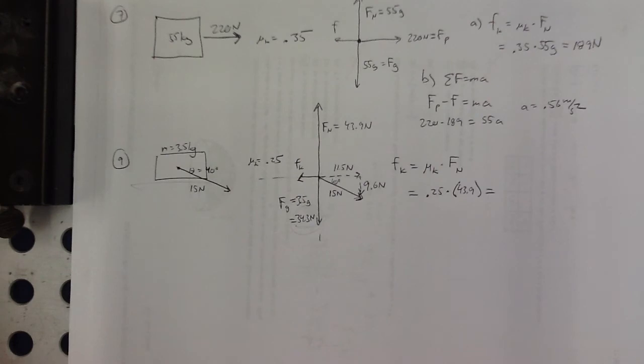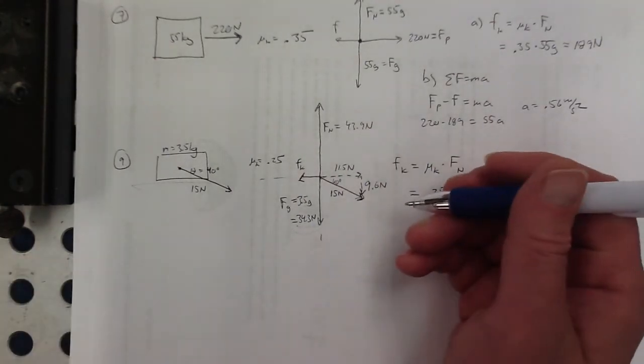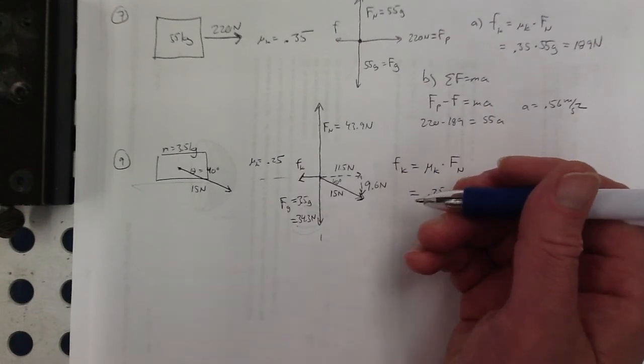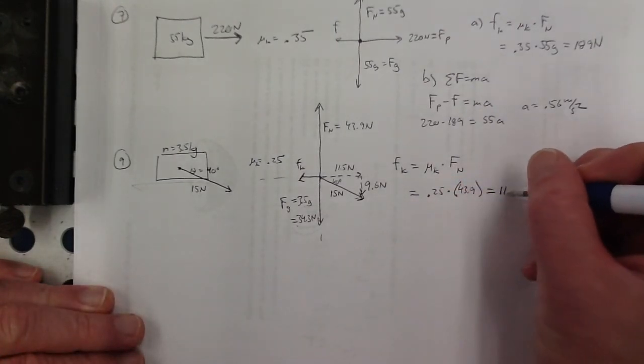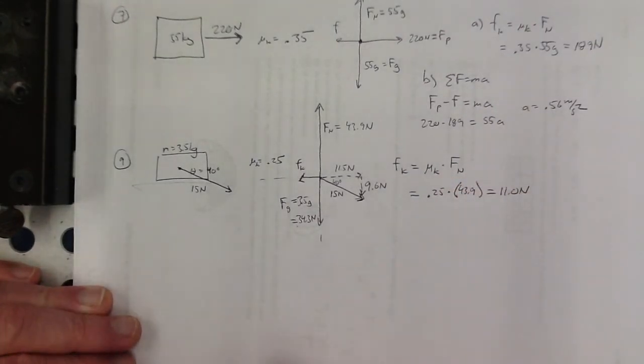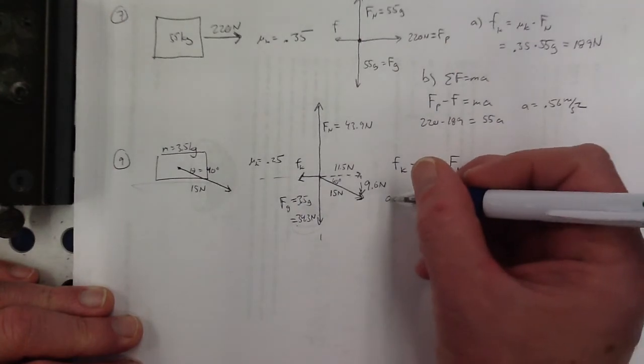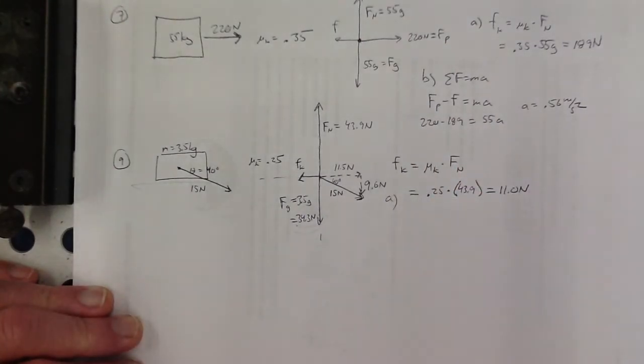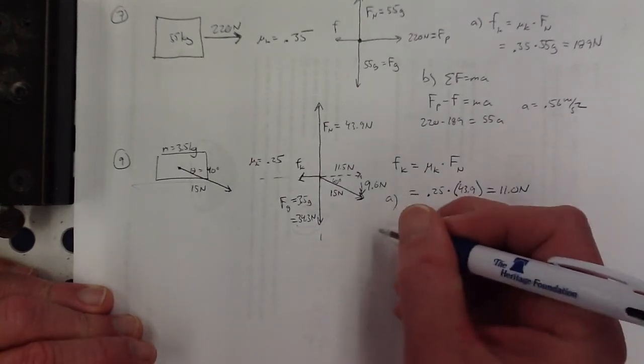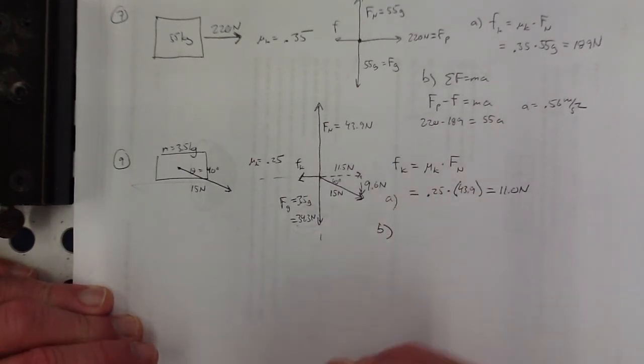So 0.25 times that is about 11.5. And that means, I think that is the answer for A. Make sure that I'm answering the right question. That is the right answer to the right question.